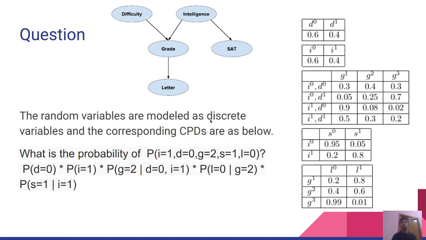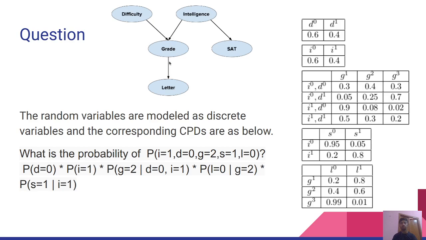These two we are taking directly. Then grade is coming from two parents, one is difficulty, another one is intelligence. So this one is conditional, right? So we have to find P of G given D equal to 0 and I equal to 1.